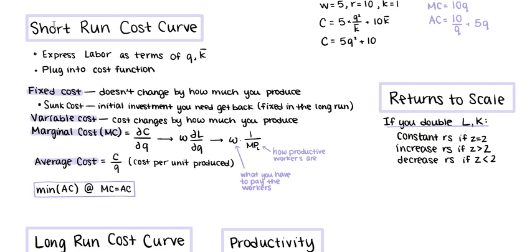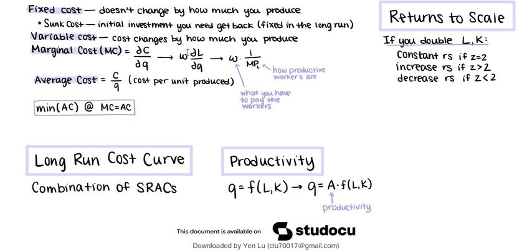So that's the short run cost curve. Here's another interesting concept, returns to scale. We are given the same production function. What if we use two times the labor and two times the capital at the same time?